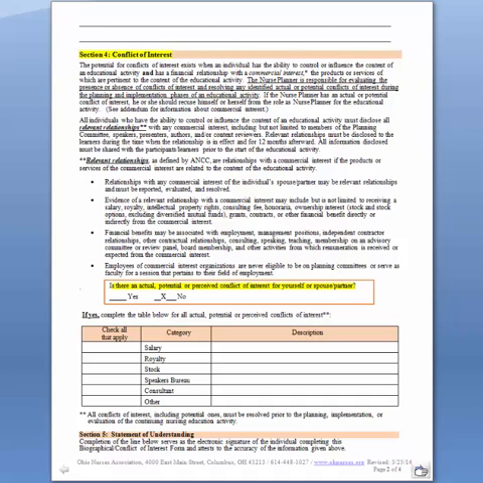Section 4 outlines some very critical definitions for evaluating and trying to determine whether or not a conflict of interest may be present. A yes or no X is required in the box immediately at the end of this section.